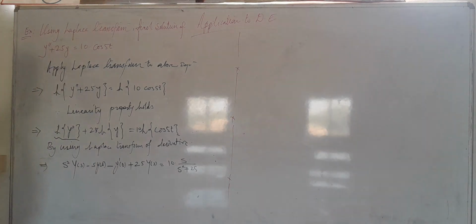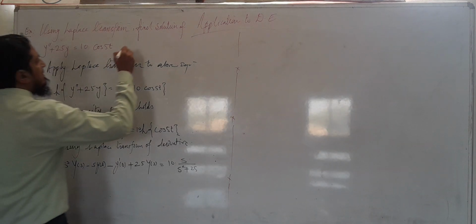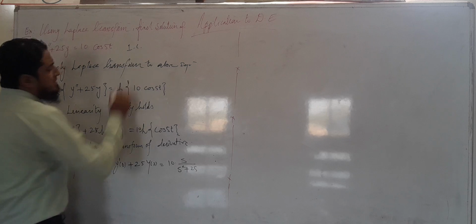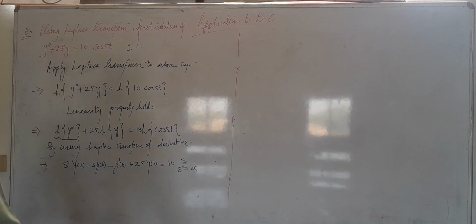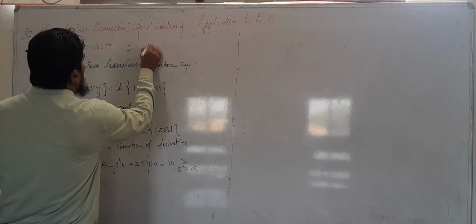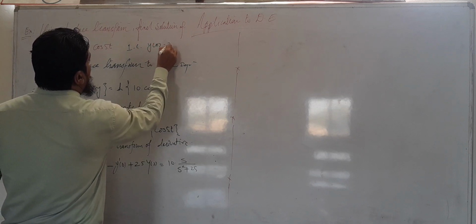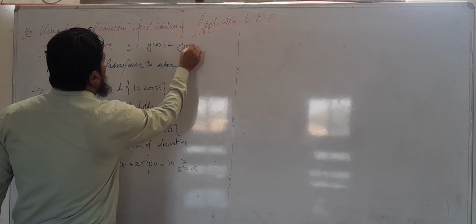Correct? Now the initial conditions are given as follows: y of 0 equals 2 and y dash of 0 equals 0.